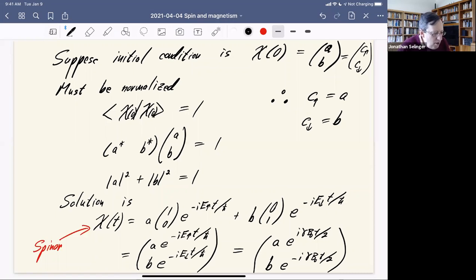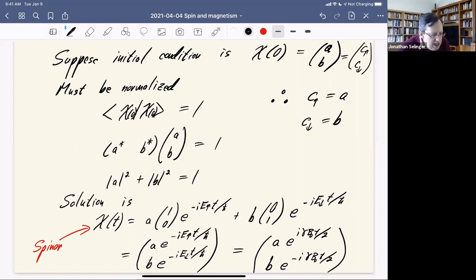Now, what can we do with this solution? Well, we can use it the same way we've used wave functions all through the semester, which is to calculate expectation values. All through the semester, we've calculated expectation values of position and momentum, or position squared, momentum squared. Now, we have spin.